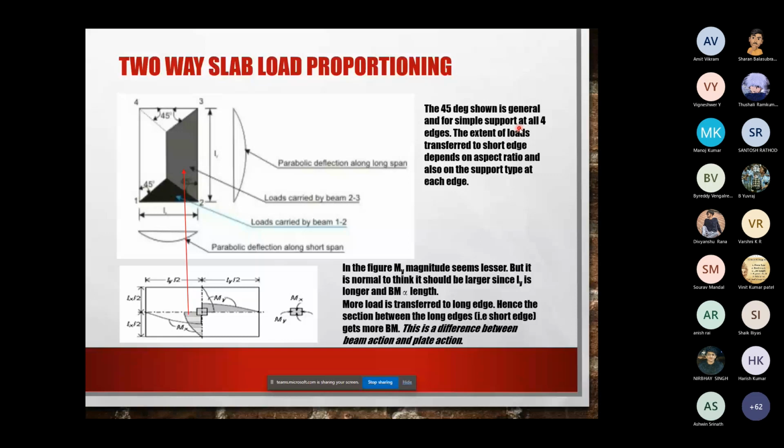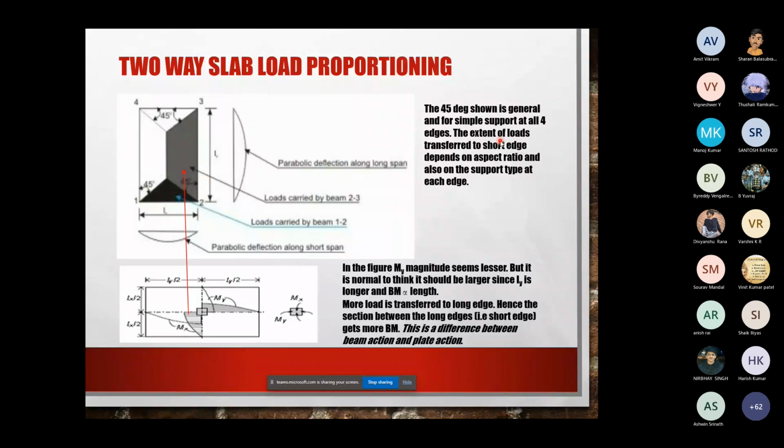If the support is not simply supported, if there are some supports which are fixed or something else, then the amount of load will have some variation. It will not be very accurate based on a 45 degree distribution. But still, this is what in general is used when you have this kind of four sides supported slab.